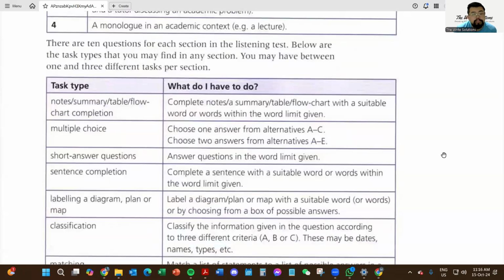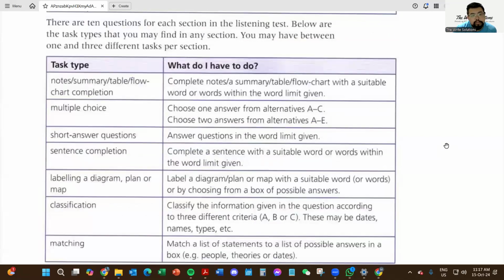There are then 10 questions for each section, okay? And 1 mark each. So even though section 1 is the easiest, they're all worth the same. So please try to practice more. Try to practice some endurance and things like that, okay? Because it's going to affect the grade, okay?